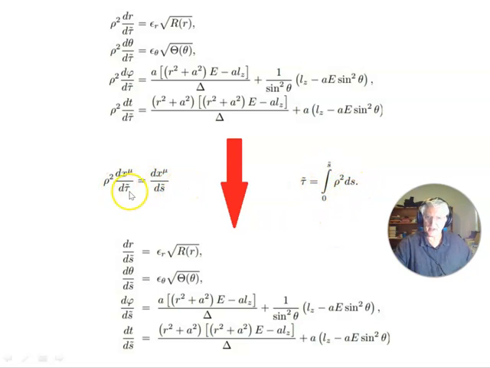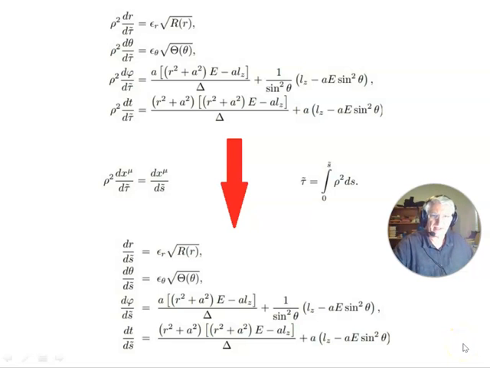By rearranging, you get rho squared ds, then integrate both sides. So you can replace the left-hand side here with dr ds. We now have these first order differential equations.